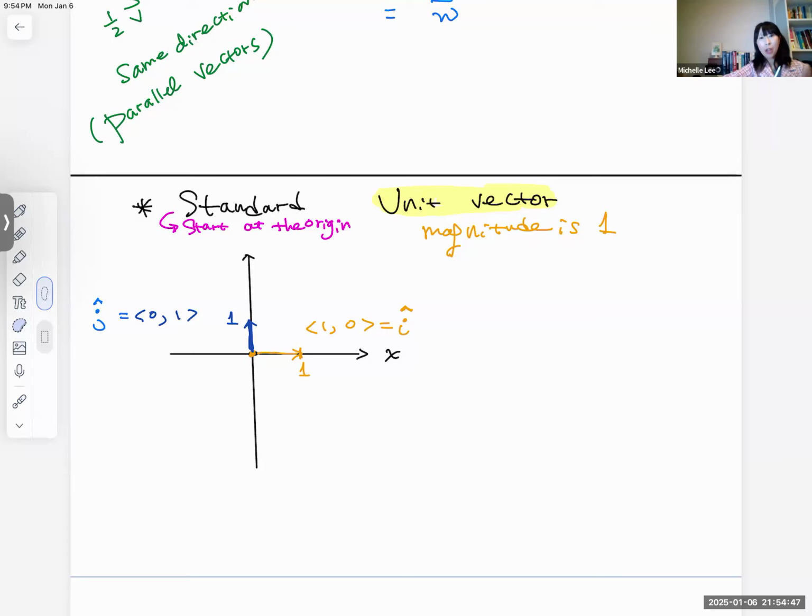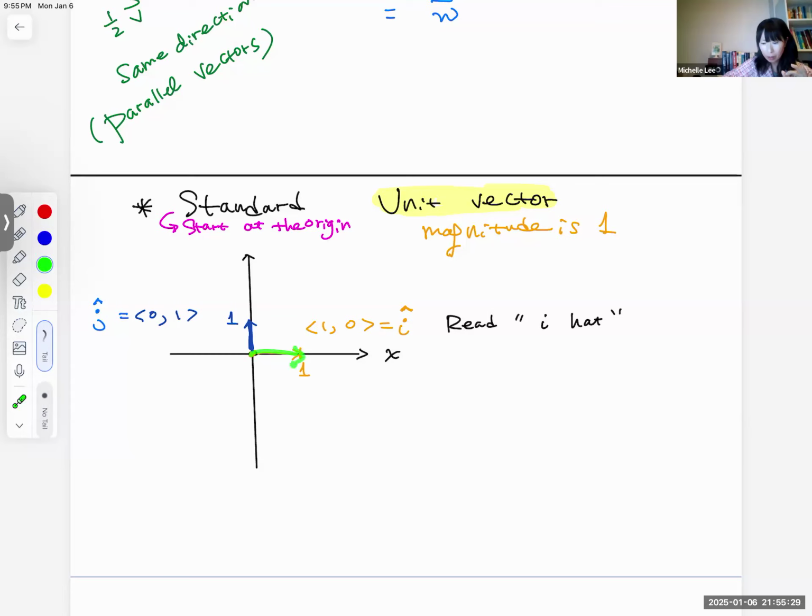So we have the standard unit vector i hat, which is (1, 0). It looks like it's wearing a hat, right? So i hat is (1, 0), and we denote it this way as a vector.